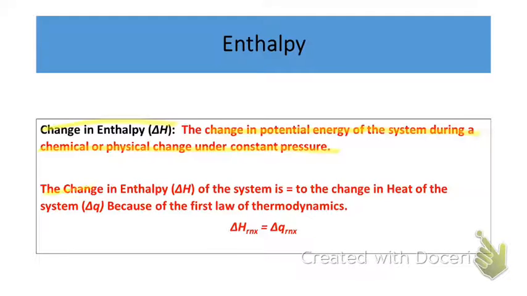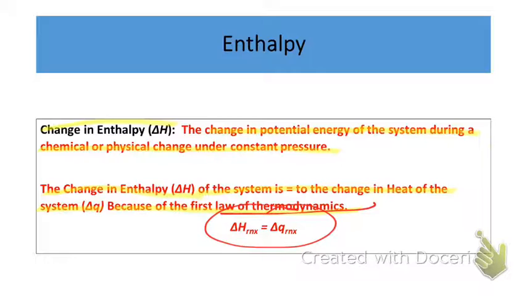Therefore, the change in enthalpy of the system is equal to the change in heat of the system because of the first law of thermodynamics, which we explained earlier. So this equation right here says the delta H of the reaction is equal to the heat of the reaction, all to do with the first law of thermodynamics, which means that energy is conserved.